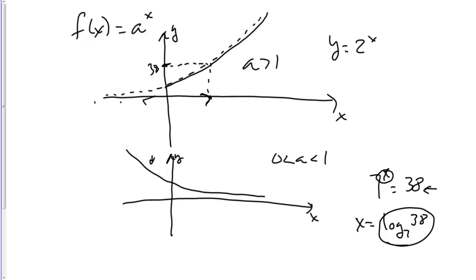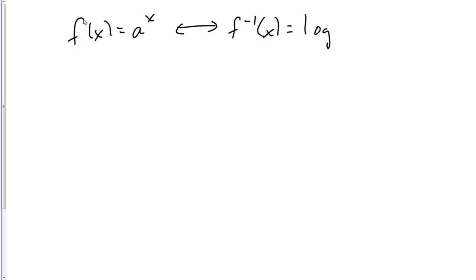So that means here that we have an inverse function here, so that if f of x is equal to a to the x, its inverse function that would find the y values, or would find the exponent values needed, would be log base a of x.